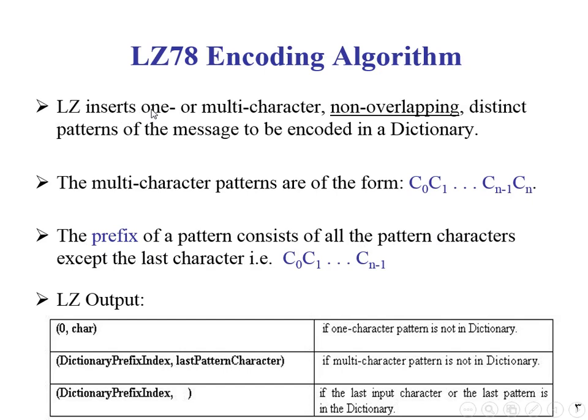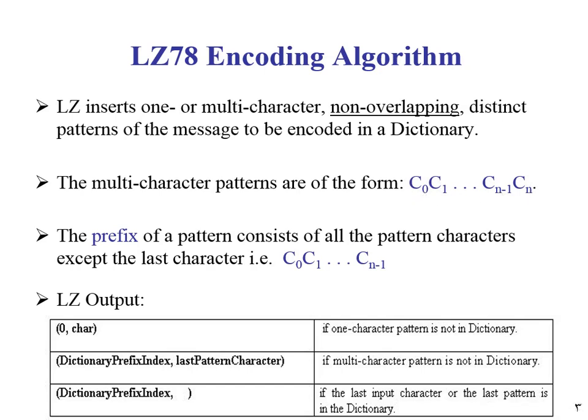It inserts one or multi-character, non-overlapping, distinct patterns of the message to be encoded into a dictionary, which means that each pattern is in the form C0 up to Cn. It may be only one character, C0, it may be two characters, C0 C1, and it can be multi-character from C0 to Cn.